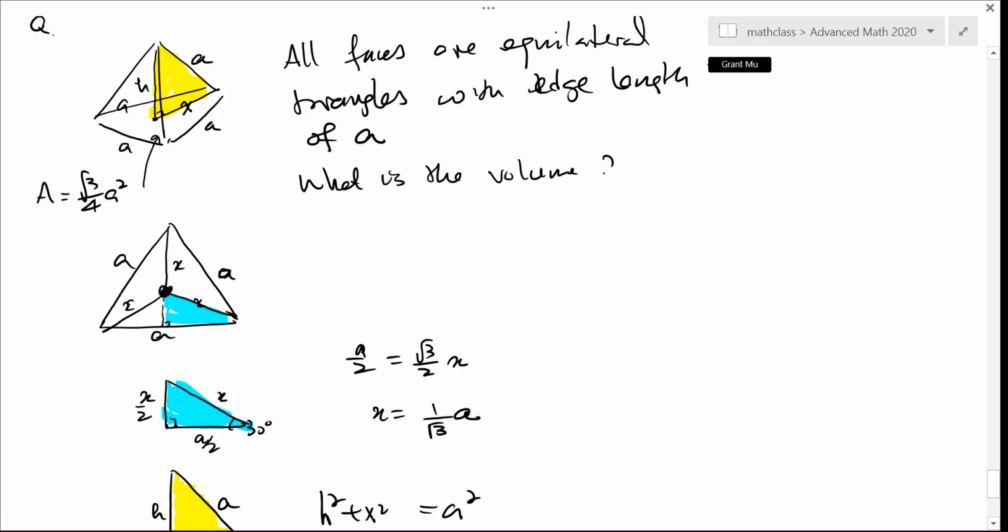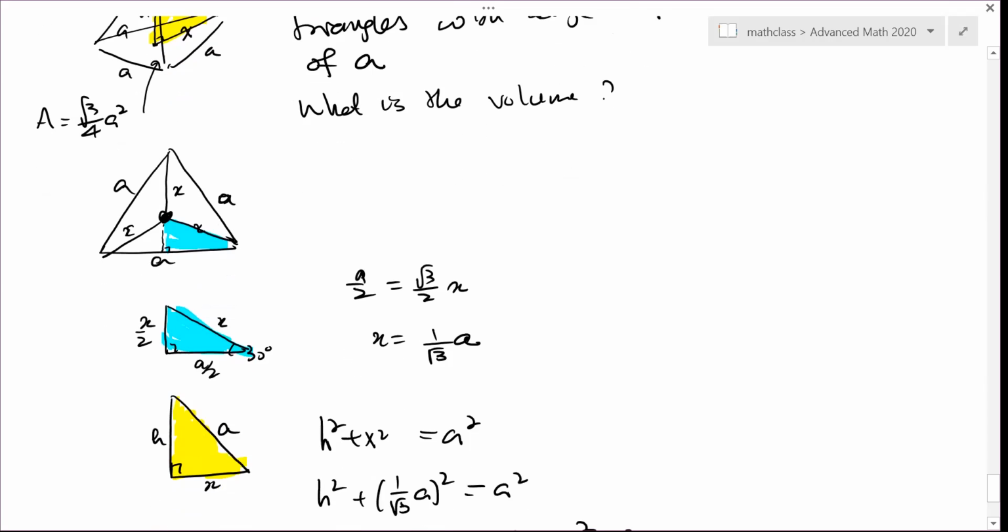Then you have to work on this two-dimensional problem. Then you draw another right triangle, then you apply the Pythagorean theorem, and you figure out the h.